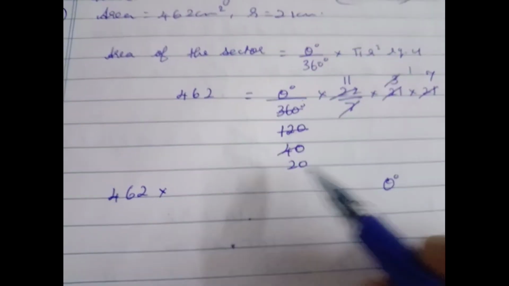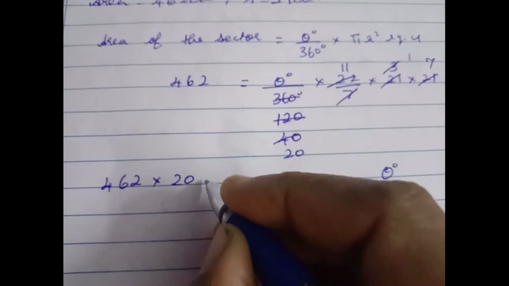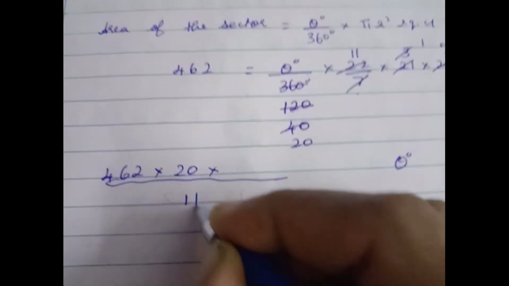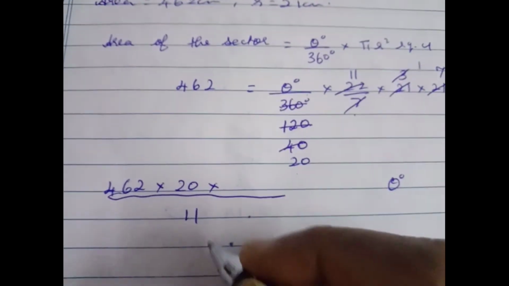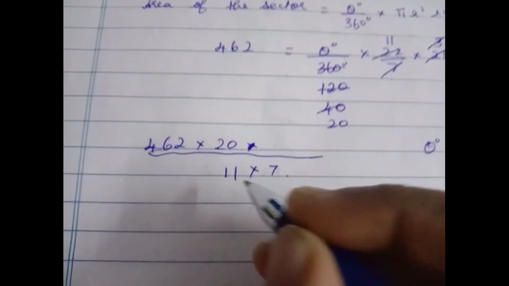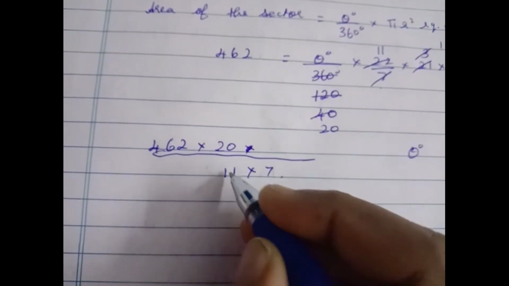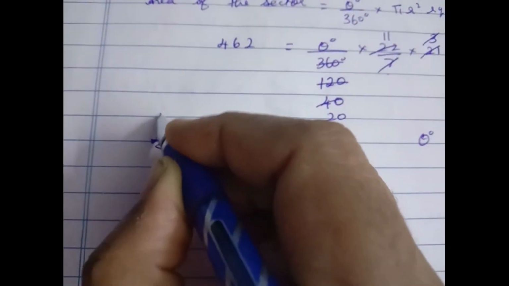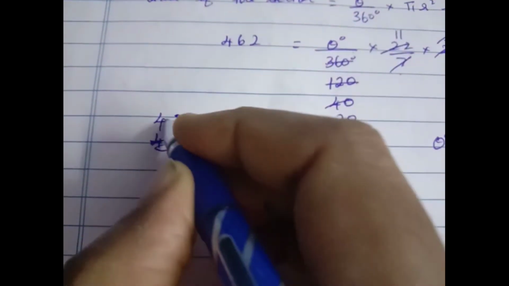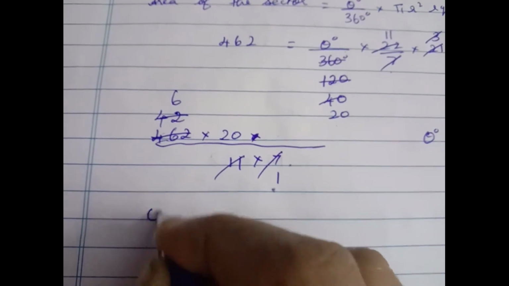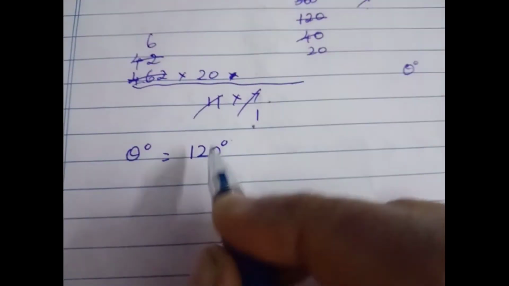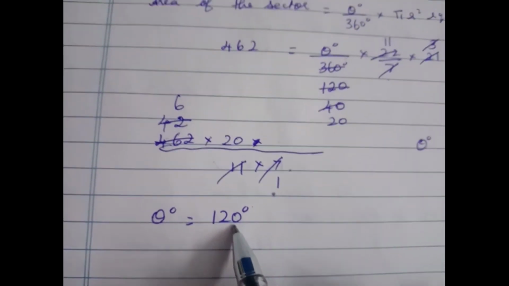So the reciprocal of 1 by 20 is 20 by 1 into 11 by 1 is 1 by 11. Then 7 by 1 is 1 by 7. Cancel. 11 table, 11 4s are 44, 11 2s are 22. Then 7 table, 7 1s are 7, 7 6s are 42. Therefore, the theta value is equal to 120 degree. Central angle of the sector is equal to 120 degree.